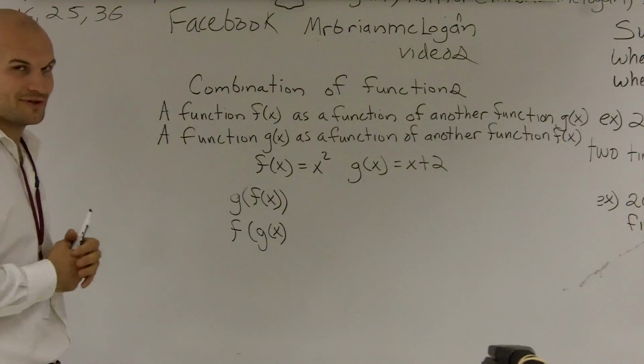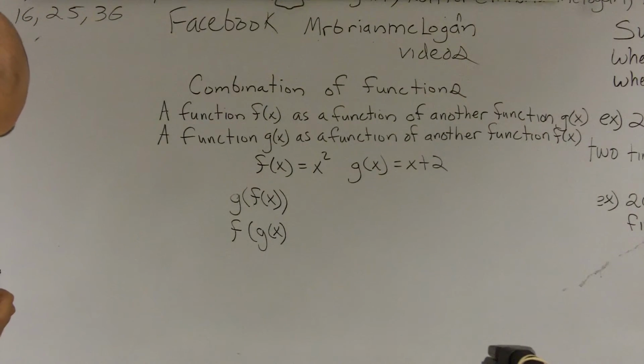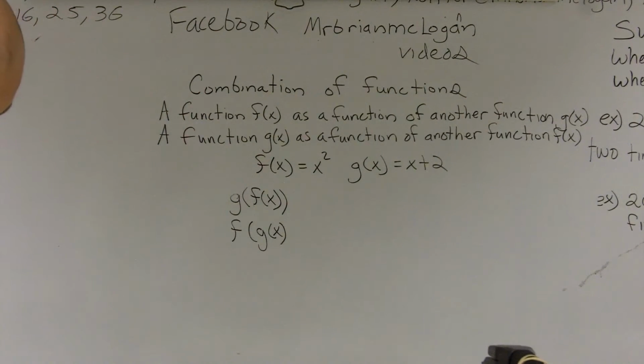So pretty much what I'm really trying to tell you guys to do, actually look how they have it. A lot of times what they write is something like that. Okay.